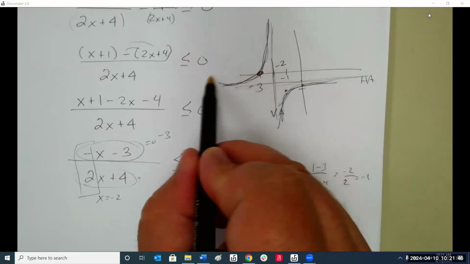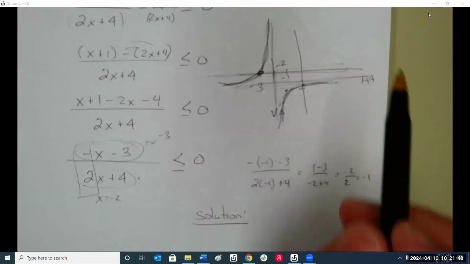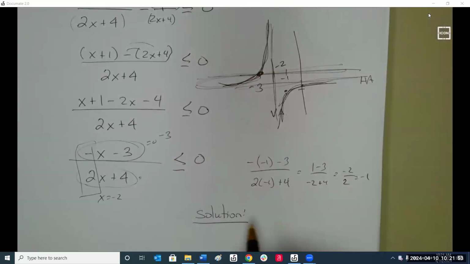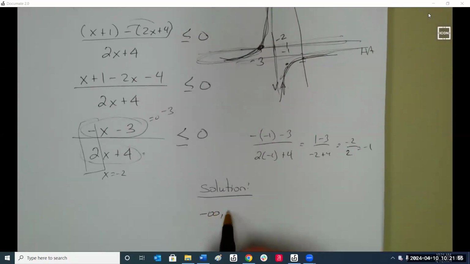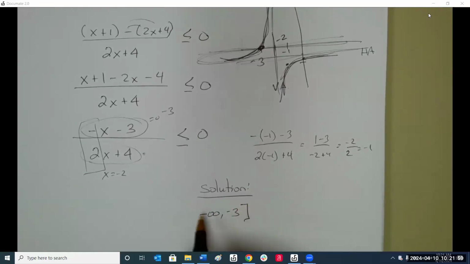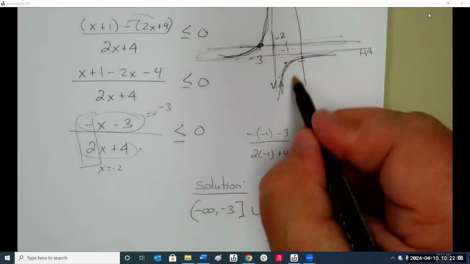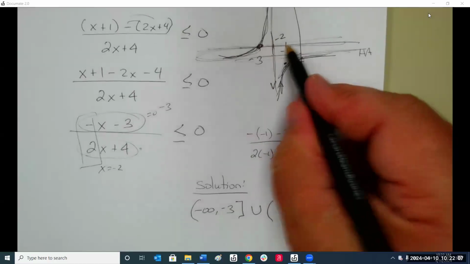So below the x-axis, here's the x-axis. So I want everything here. So it's from -infinity to -3, unioned with this whole graph from -2 to infinity.